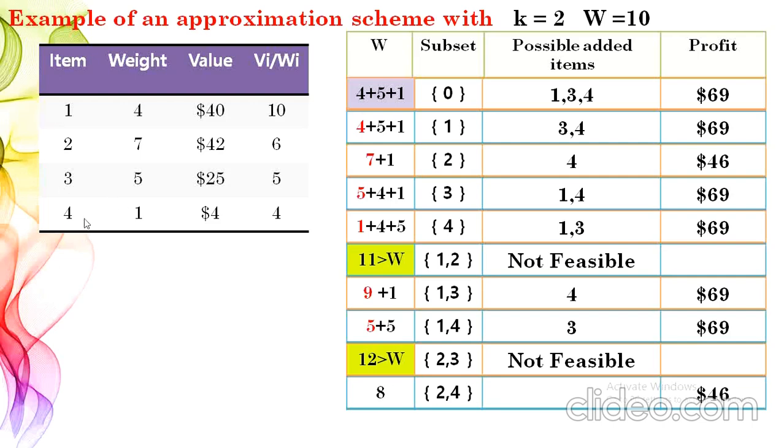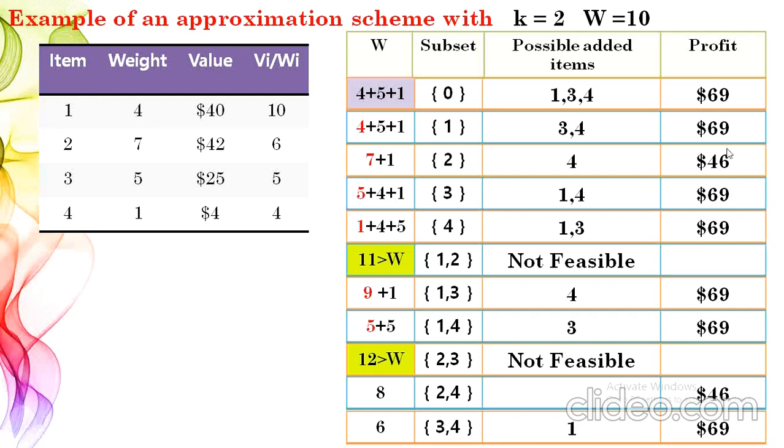So I cannot add any other items, because item 1 weight is 4 and item 3 weight is 5. So I cannot add any more item, and the profit is 46. If I combine item 3 and 4, the utilized weight is 6. So I can add item 1. The weight associated with item 1 is 4. So the profit will be 69.